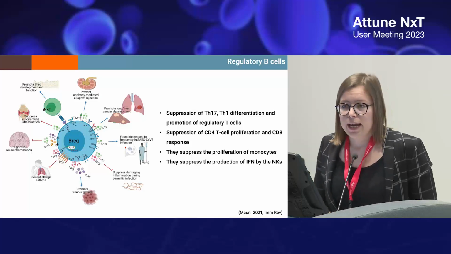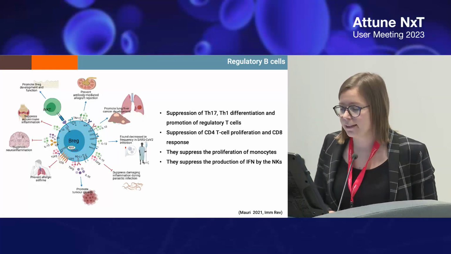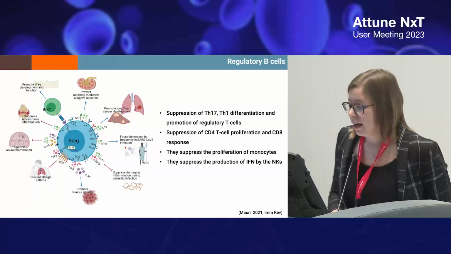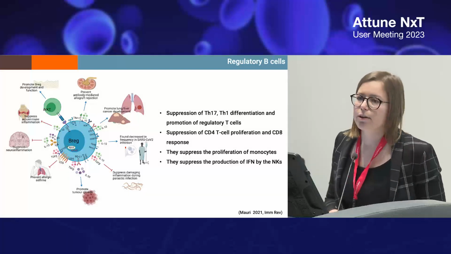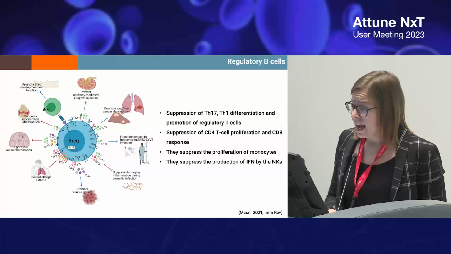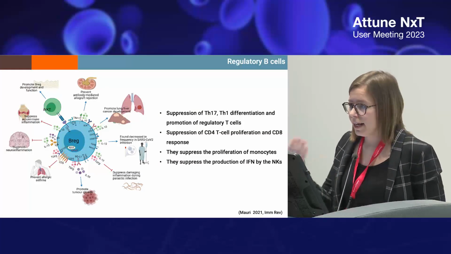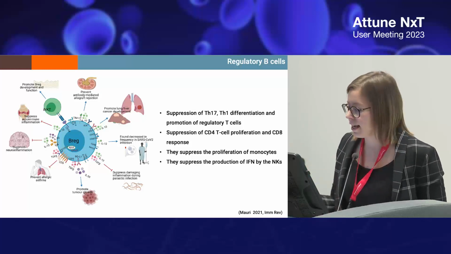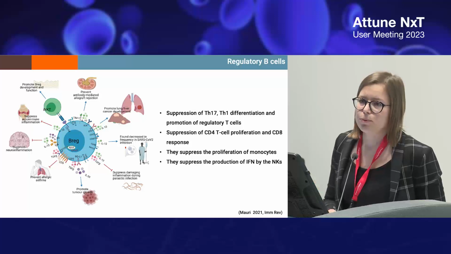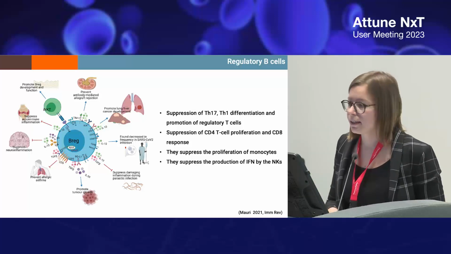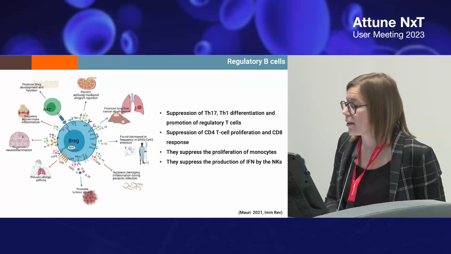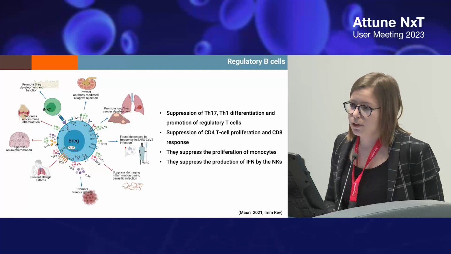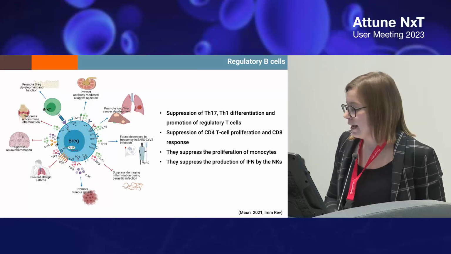They are involved in many autoimmune diseases, and they are present in lower numbers in patients with autoimmune diseases such as multiple sclerosis and RA. Their main function is to regulate, for example, the differentiation and function of T cells. They can suppress Th1 and Th17 differentiation, but at the same time they can promote the regulatory T cell population. They can also act on monocytes and on NK cells.